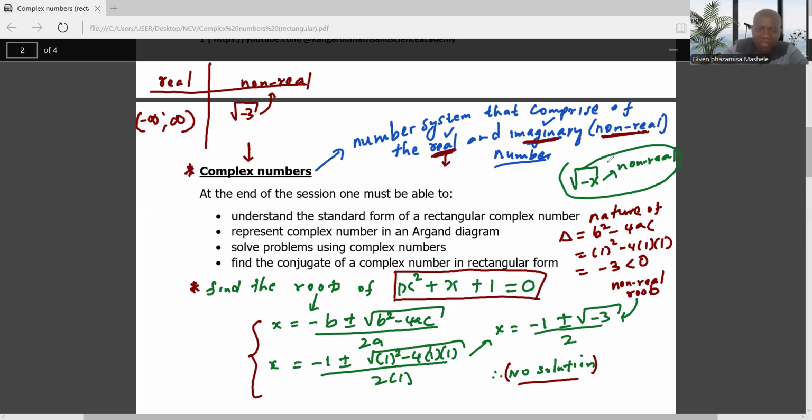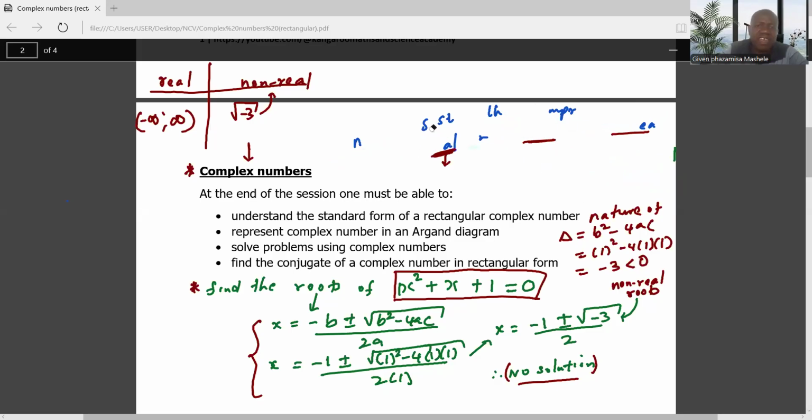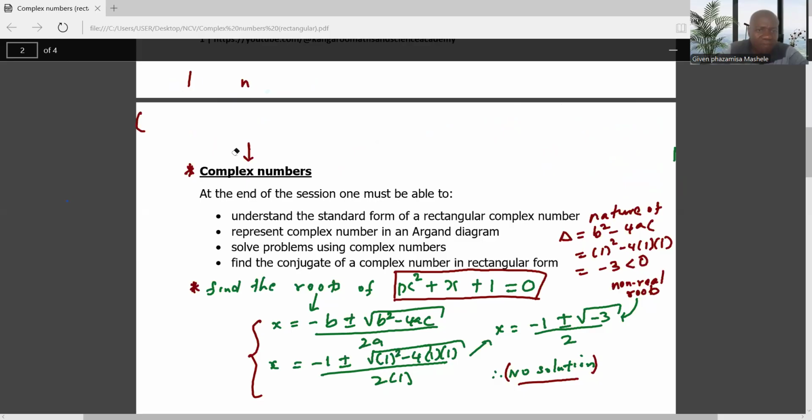Because we've seen that this equation has no solution, we now extend the number system of real numbers to incorporate the non-real numbers. And this is called the complex numbers. So in the context of complex numbers, we will say there is a solution.